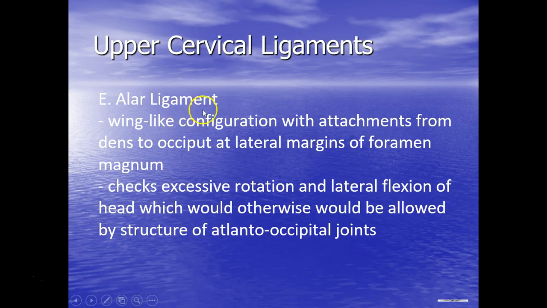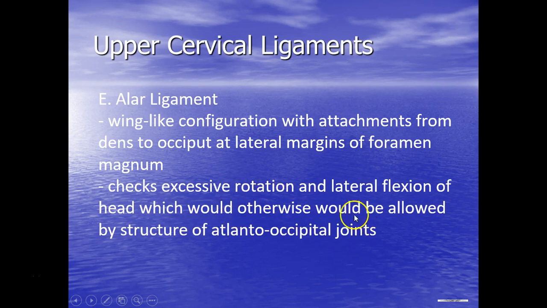The alar ligaments are another important ligament in the upper cervical region. They run from the upper surface of the dens, on either side, upward and laterally to the occiput at the lateral margins of the foramen magnum. They serve to check excessive rotation and lateral flexion of the head between the head and the C2 vertebrae.